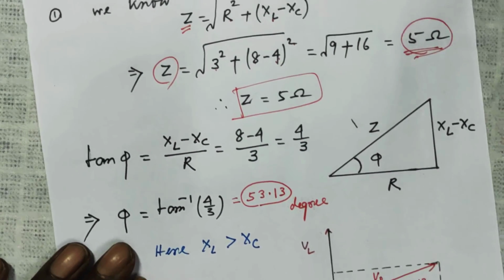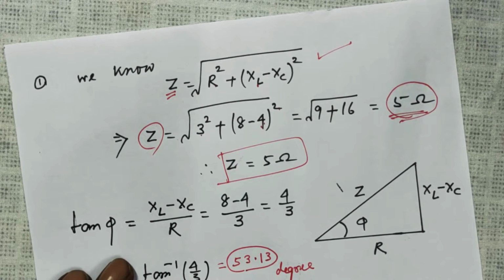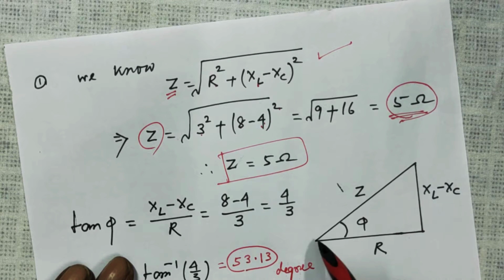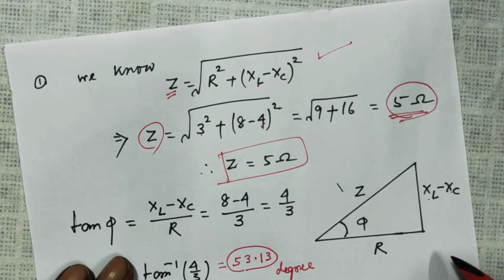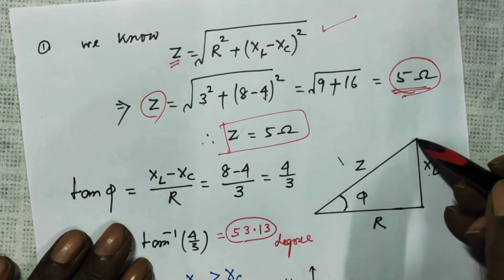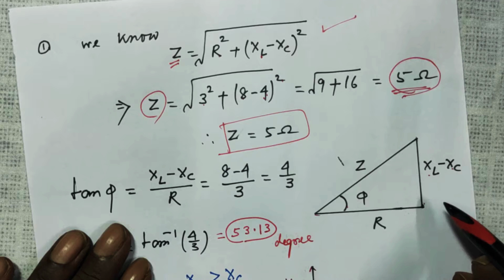Now, in previous lessons, I have explained to you the impedance triangle. This is how it was. This was your phi, this was your R, this was your XL minus XC, and I had explained why this is XL minus XC.